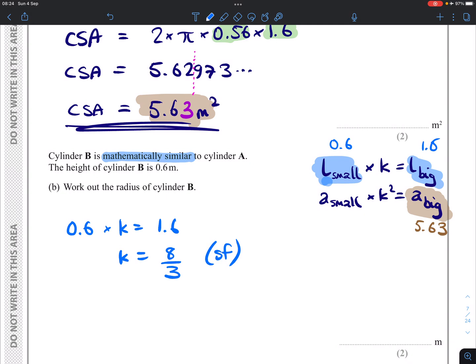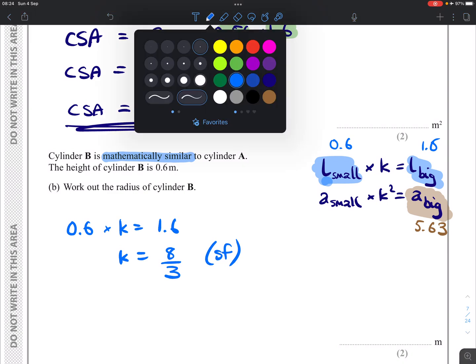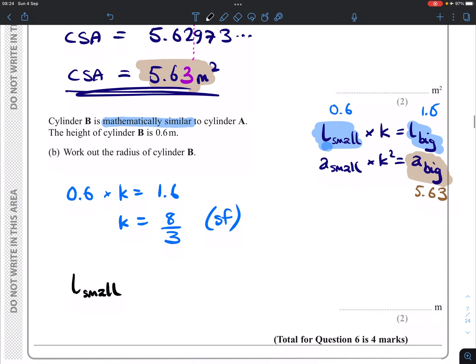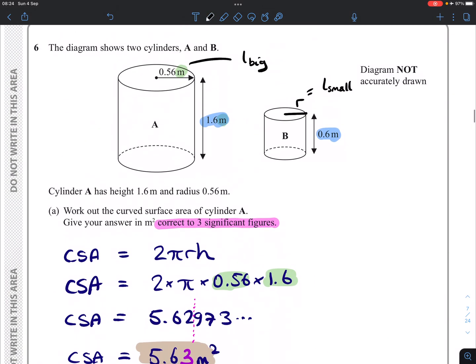So that means that our small radius, which the question is asking us for, so our length of the small, which in this case is our radius, multiplied by this scale factor, will give us the length of the big, which in this case the radius of the larger shape is 0.56 here.